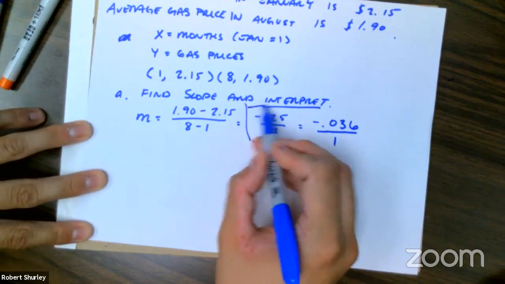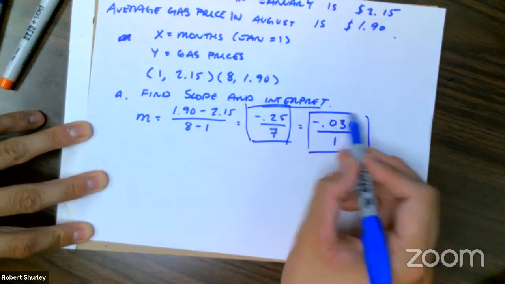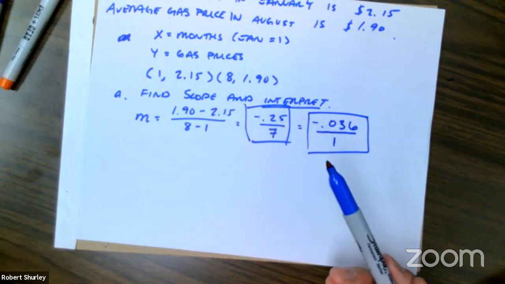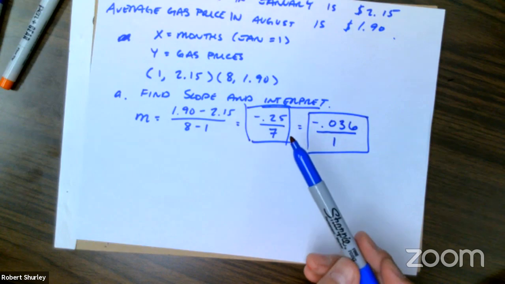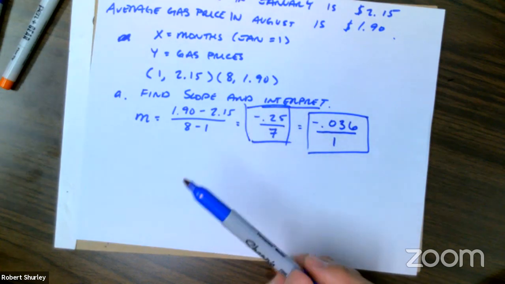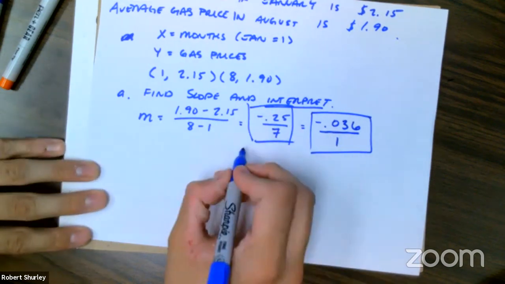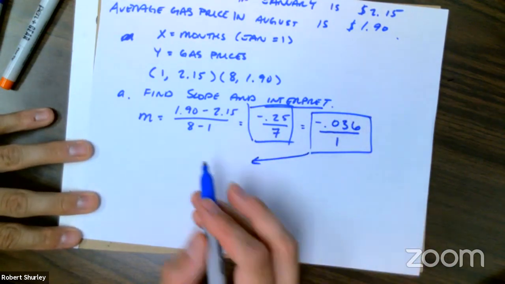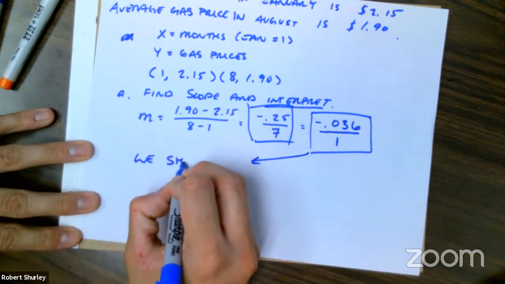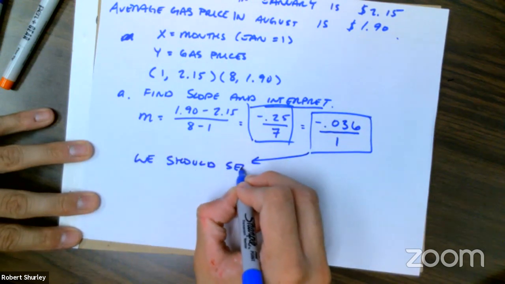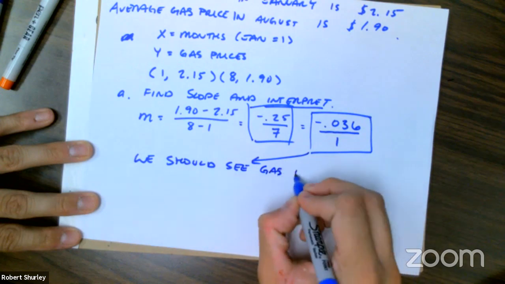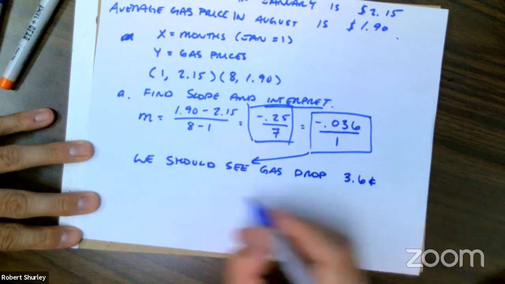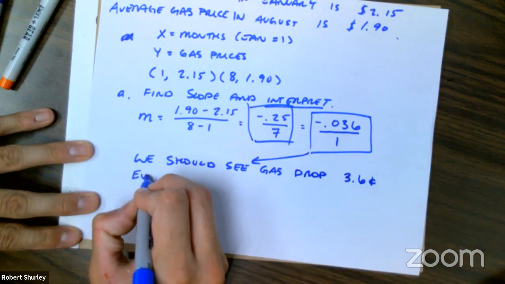Honestly, if I was going to take this on a test, this test might be multiple choice again, so you just look to see which one's there. But what does this mean? Remember, the slope is telling us the change. I'm going to interpret this one. If we stay on this trend, we should see gas drop 3.6 cents every month.